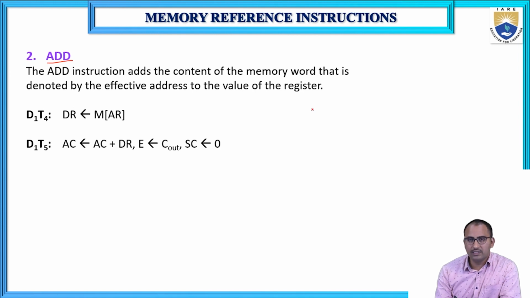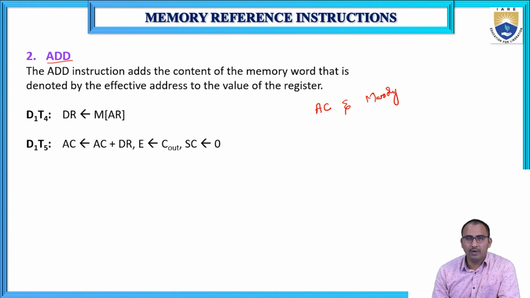For this addition operation, one operand is stored in the accumulator and another value is stored in the memory. But we cannot perform the add operation directly with the memory. So what will happen first?